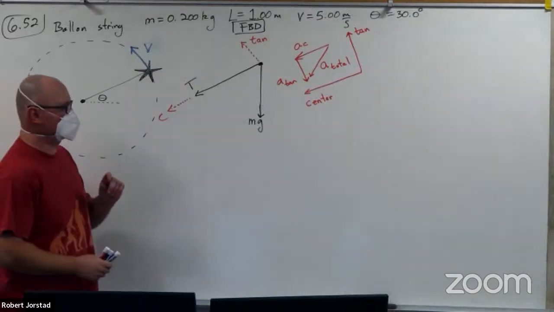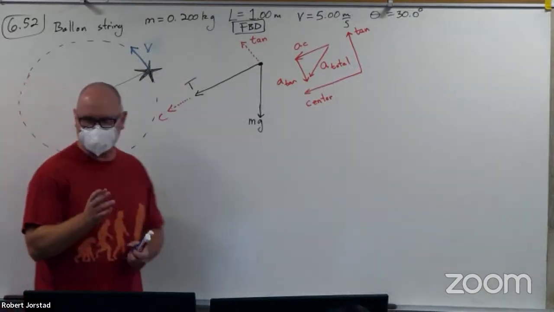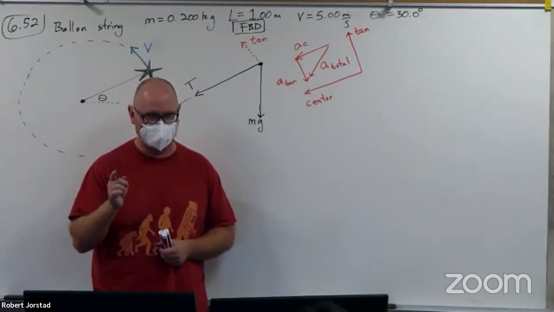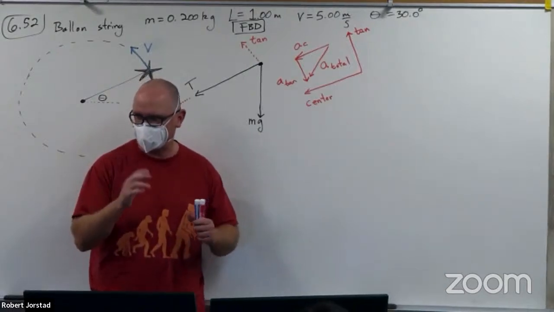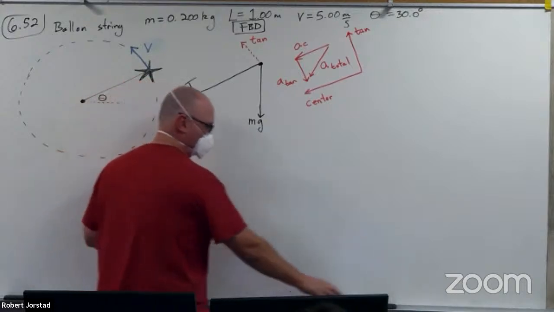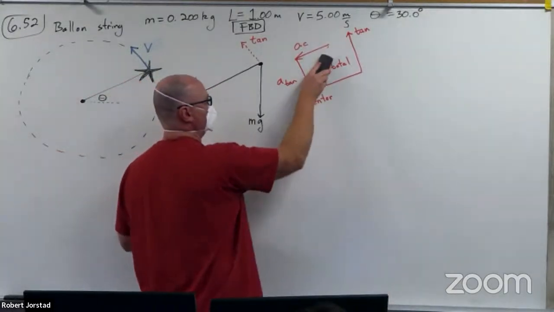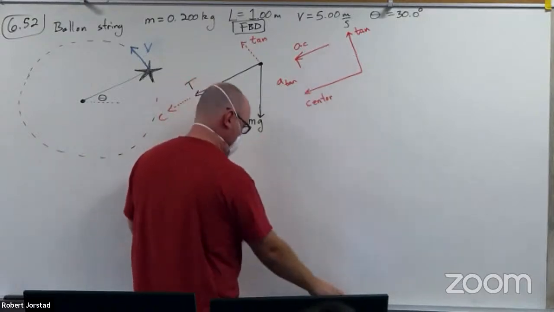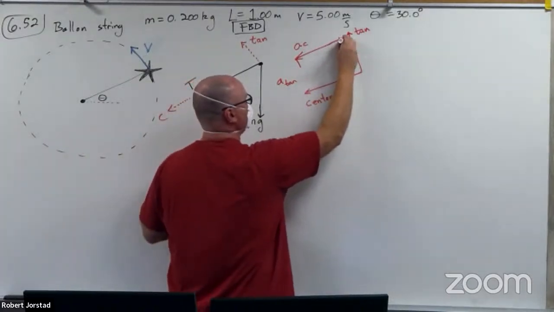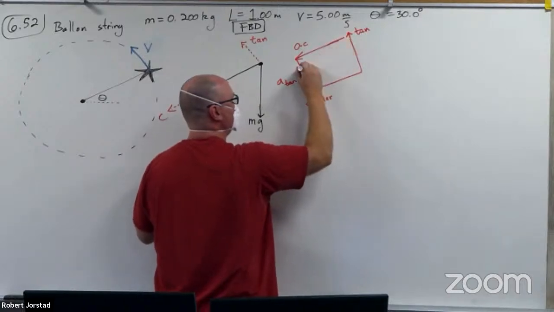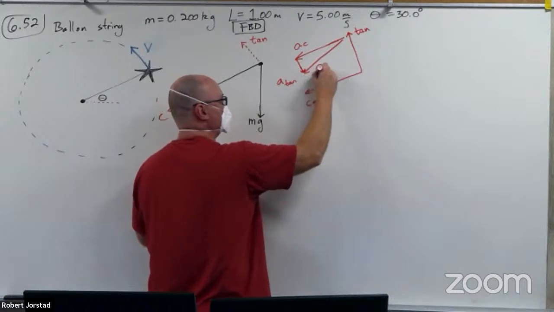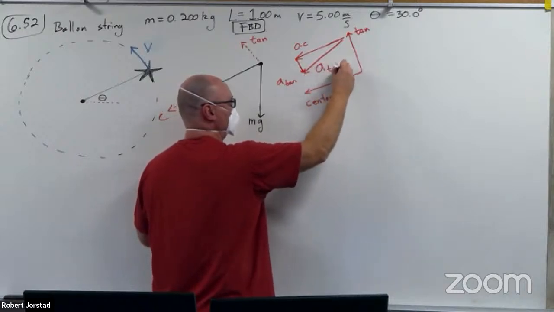Now, I should be careful here. Did you notice in the simulation that A tan was usually a lot smaller than the other one? Did you notice that in real life? So I'm going to try and make this look more like that, for reasons I think are crucial. So we might expect a lot of centripetal and not much tangential. So A total might look like that.